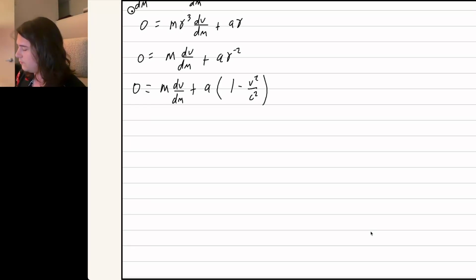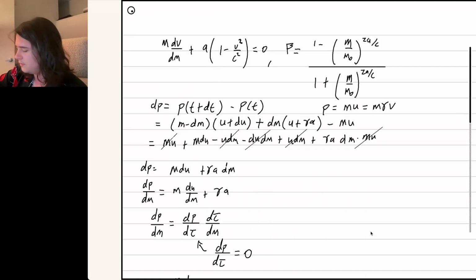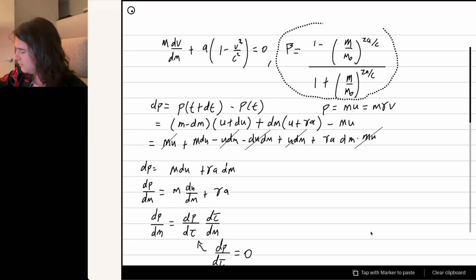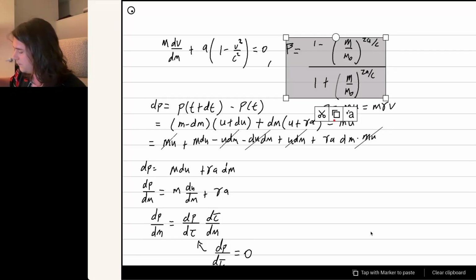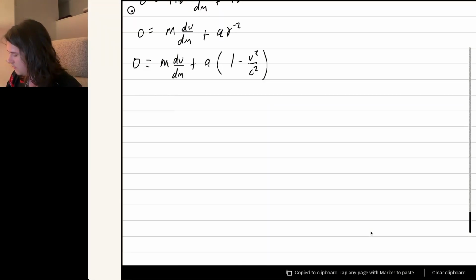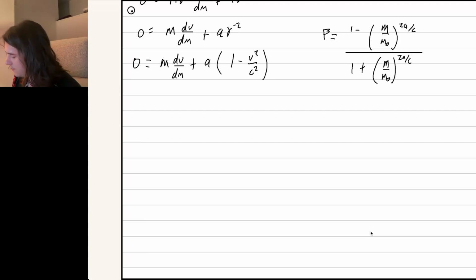Remember, we want this crazy form of beta that Goldstein provided, which I'm going to copy and move down here. Okay, so first I'm going to divide everything by m in this equation.